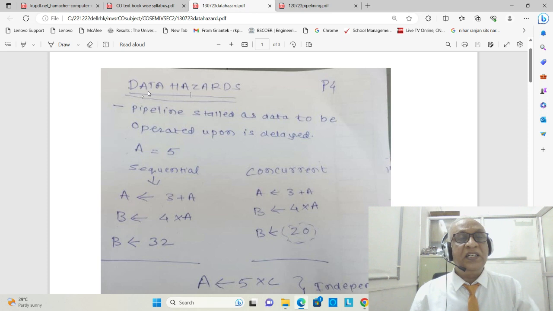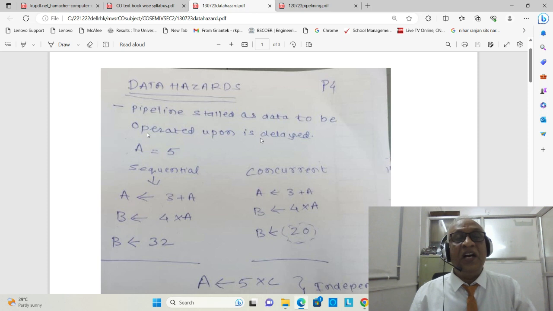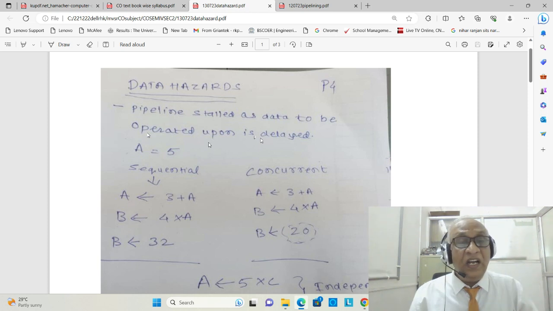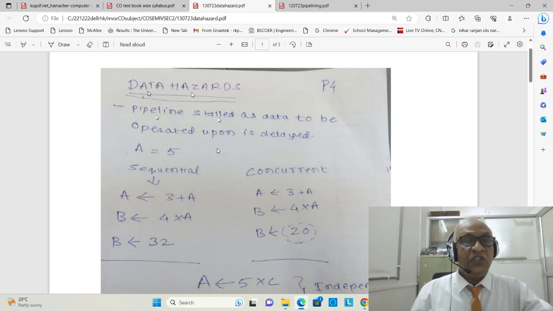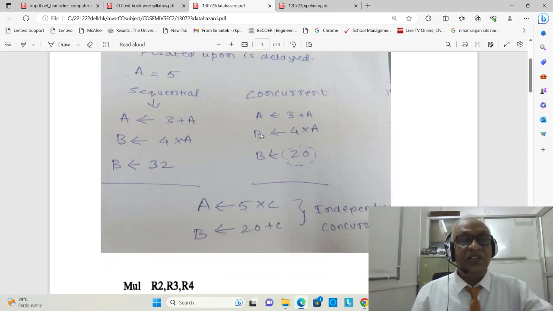Because of data hazard, pipelining is stalled. Why is pipelining stalled? Because of non-availability or delay in the availability of the data which is to be operated upon for execution.